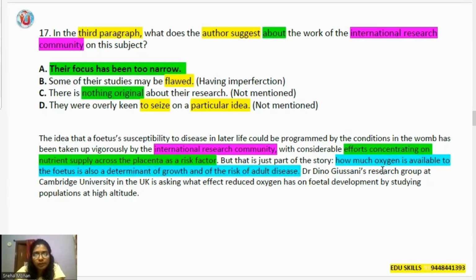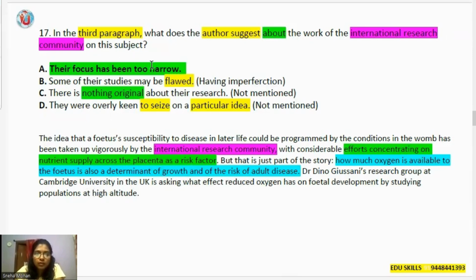Okay, so here it is mentioning how much oxygen is available to the fetus is also a determinant of growth and of the risk of adult disease. So here, the availability of oxygen to the fetus is also a determinant of growth and of the risk of adult disease. So what the author is suggesting by saying this is that the work of the international research community on this subject has been too narrow.